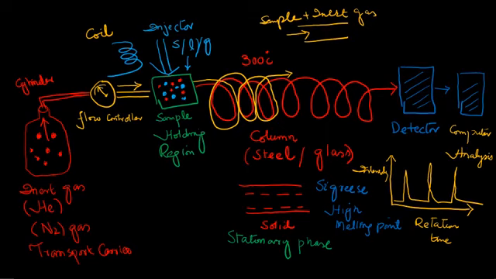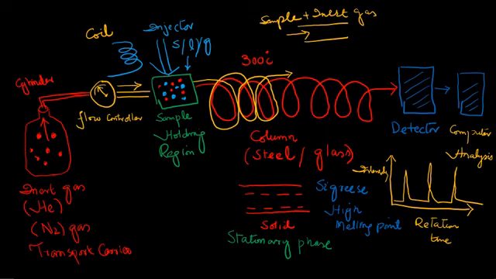So they basically control that, and secondly, the stationary phase allows the movement of the complex compound molecules inside the column.